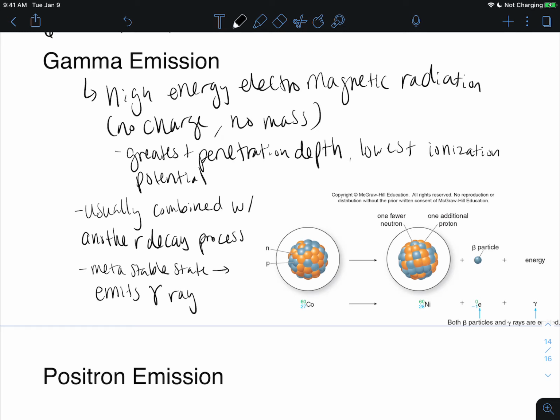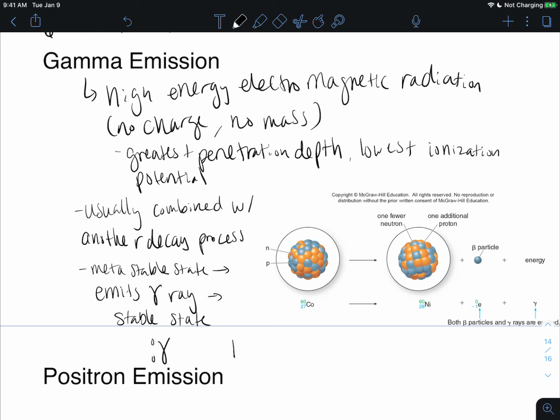If you're just writing the gamma ray, it is written like this, or you can put 0, 0, as just the emission of a gamma ray will not change anything about your atomic number or mass number.